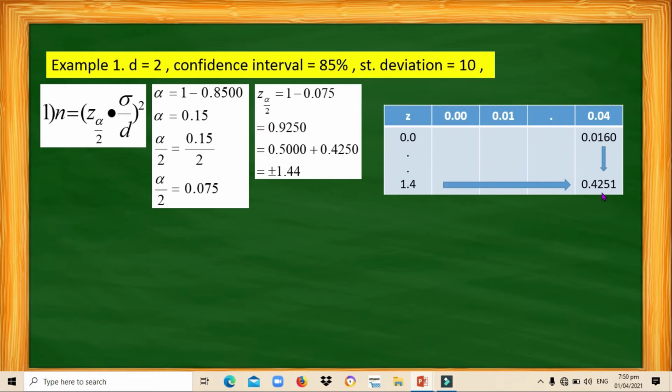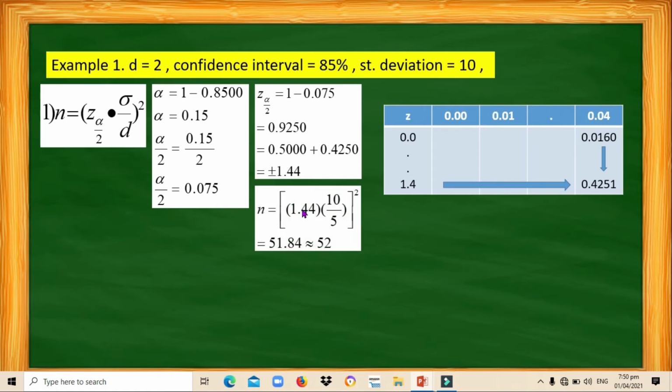We use 0.4251 because there is no exact probability value of 0.4250 in the table. That is why we use the nearest probability. And the z of this probability is 1.44, that is plus or minus 1.44.